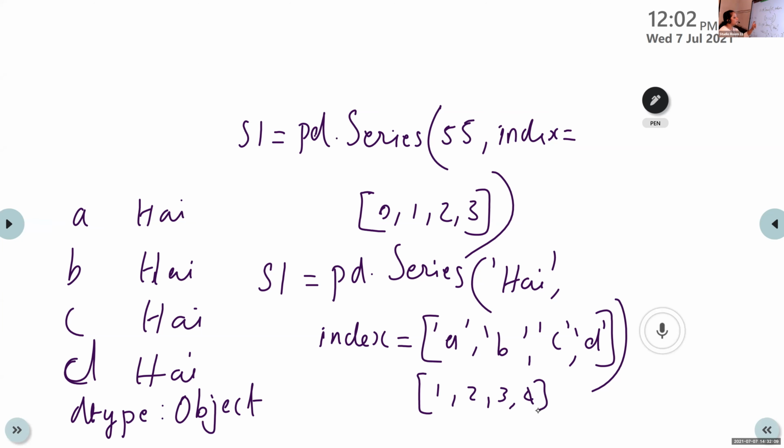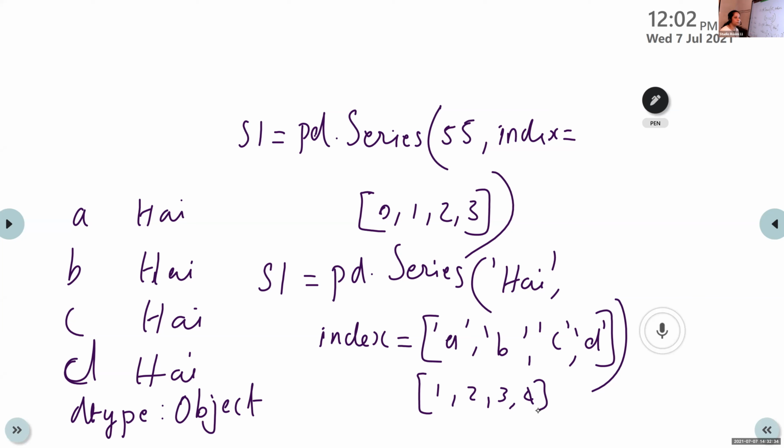This is creation of a series using a scalar value of string type: write the value, then write the index. It is almost the same; the difference is that here we use single quotes because it is a string.